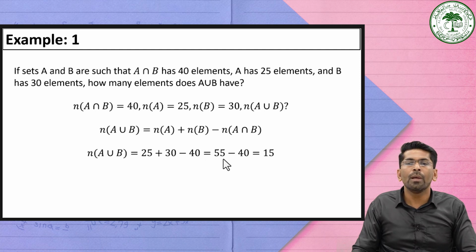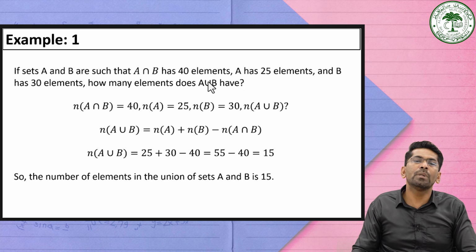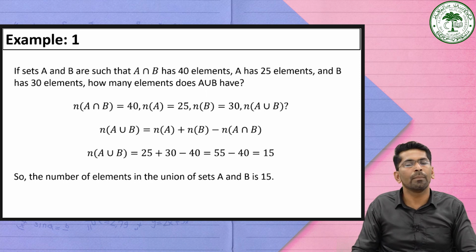So it becomes 55 minus 40, which is equal to 15. So the number of elements in the union of sets A and B is 15. In this way we can find the number of elements in A union B.